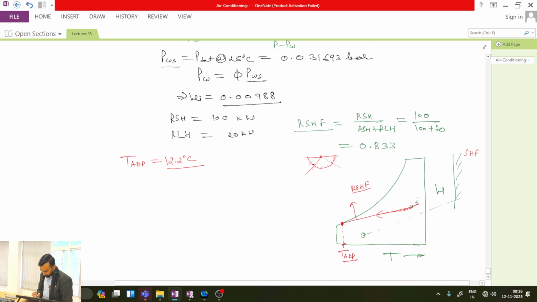So what I need to do, if I see here, what value you will be getting? Angle on the psychometric chart? Yes. 173. Okay. How you can calculate the angle now? Please tell me. For protractor, if you have protractor, how you can calculate angle? Reference point. If you know the RSHF, how you can calculate angle?